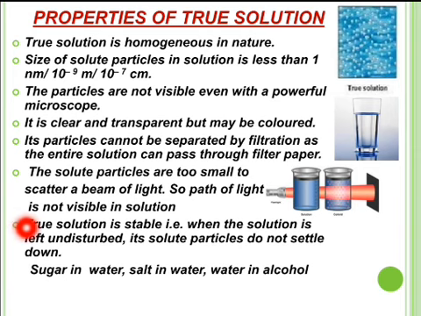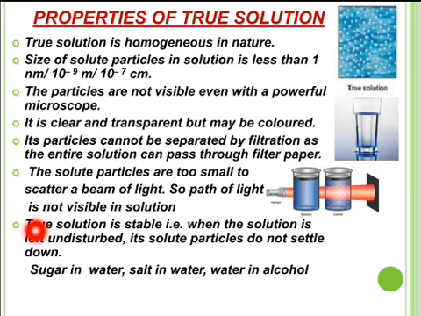A true solution is stable. That is, when the solution is left undisturbed, its solute particles do not settle down. For example, if you prepare a sugar solution or salt solution by dissolving sugar or salt in water, and you keep that solution undisturbed for some time, you don't see the sugar or salt particles settle at the bottom.